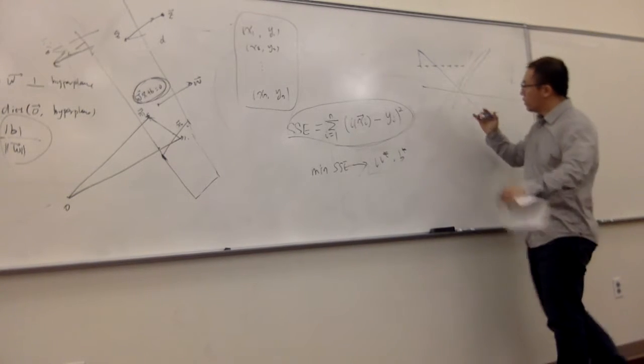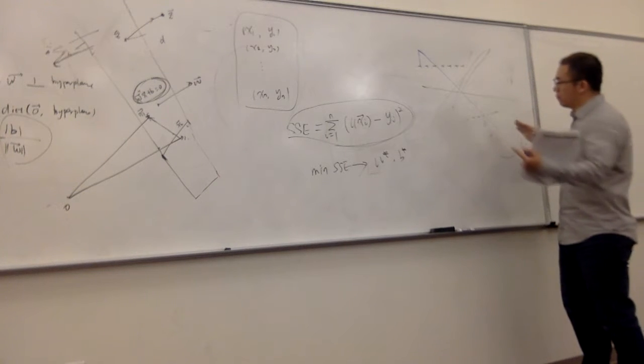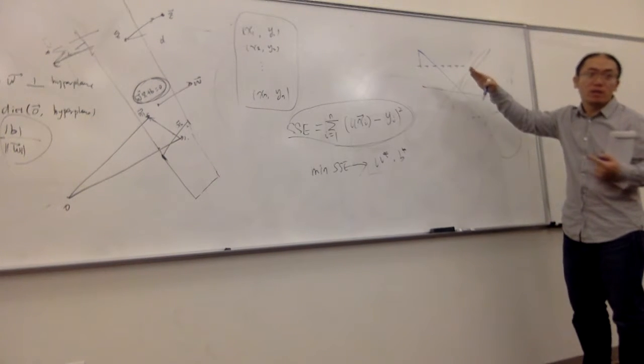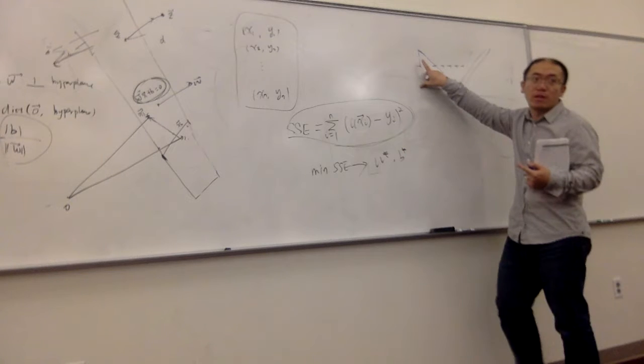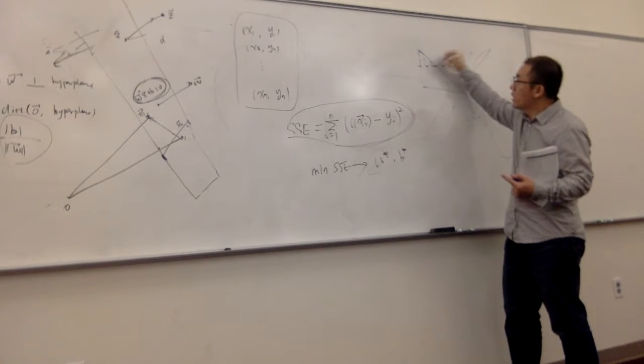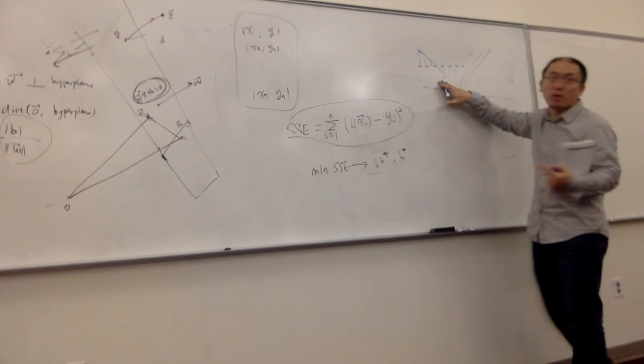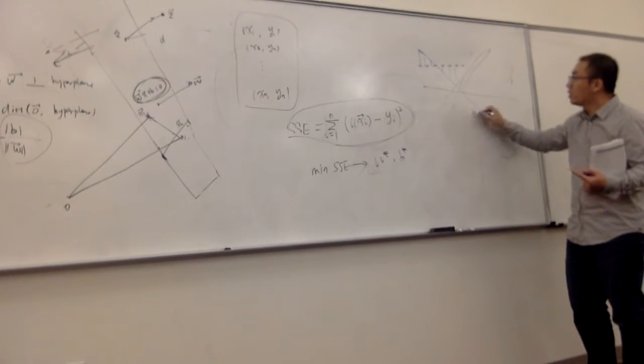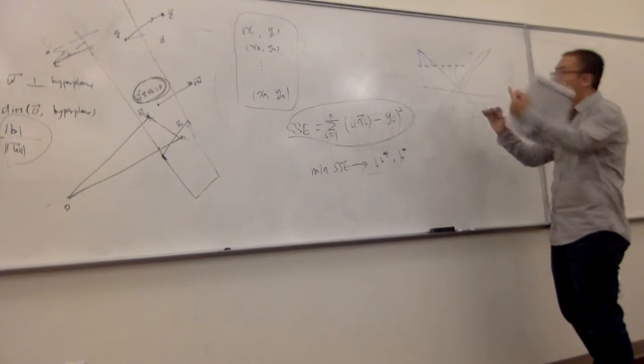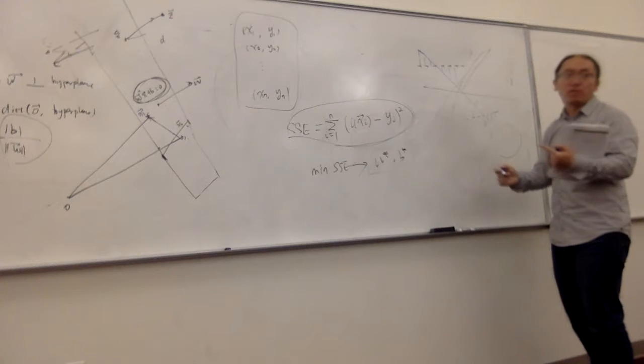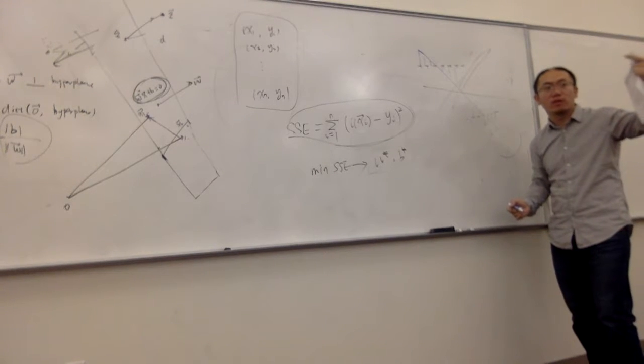If I make the line cross in this direction, the difference is smaller, and for those lines, the difference is smaller. If you rotate the line in this way, you can imagine the distance becomes much larger.